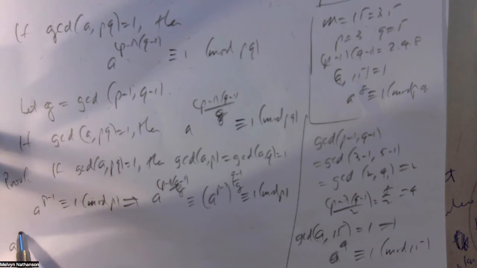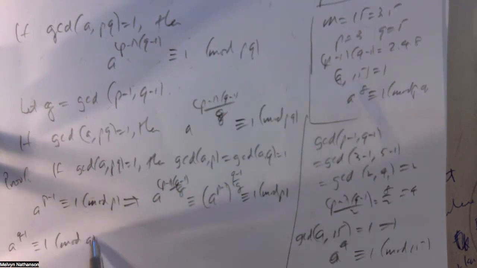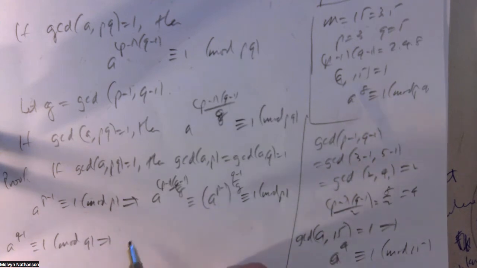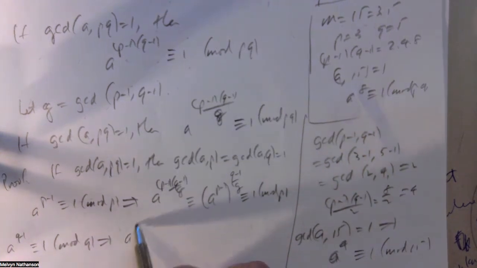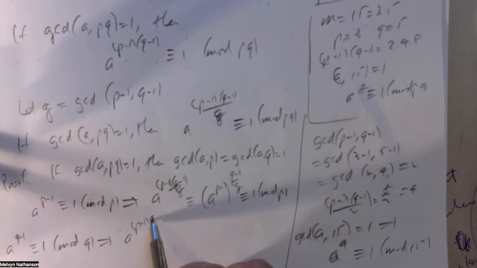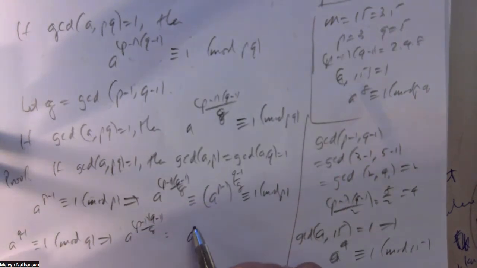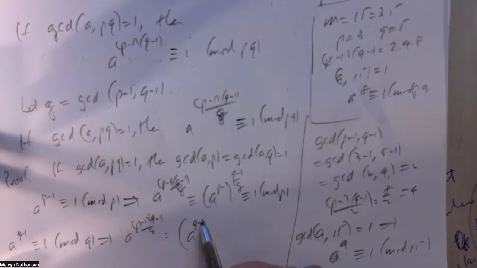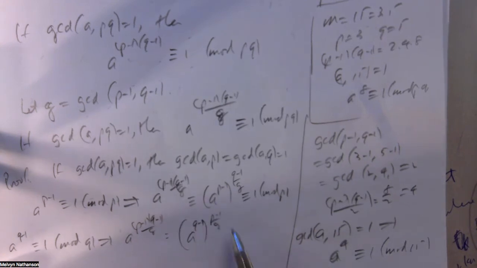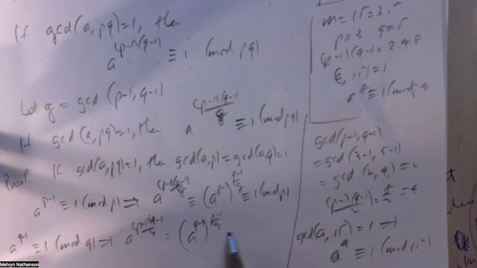And similarly, A to the Q minus 1 is 1 mod Q by Fermat's little theorem. So A to the P minus 1, Q minus 1 over G is A to the Q minus 1 raised to the power of P minus 1 over G, but this is just 1 to a power.